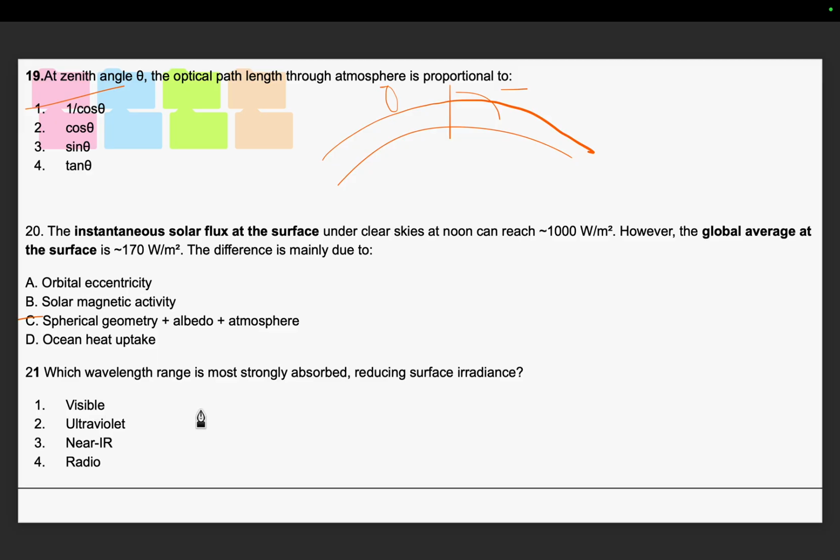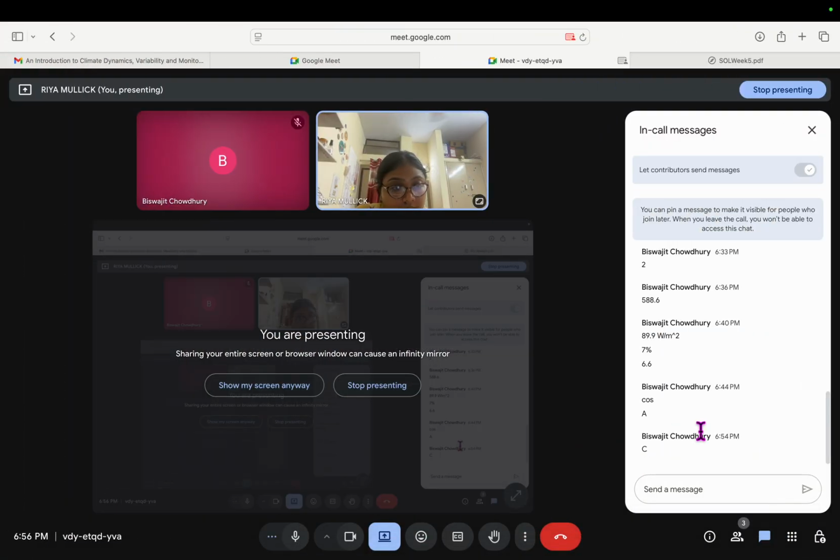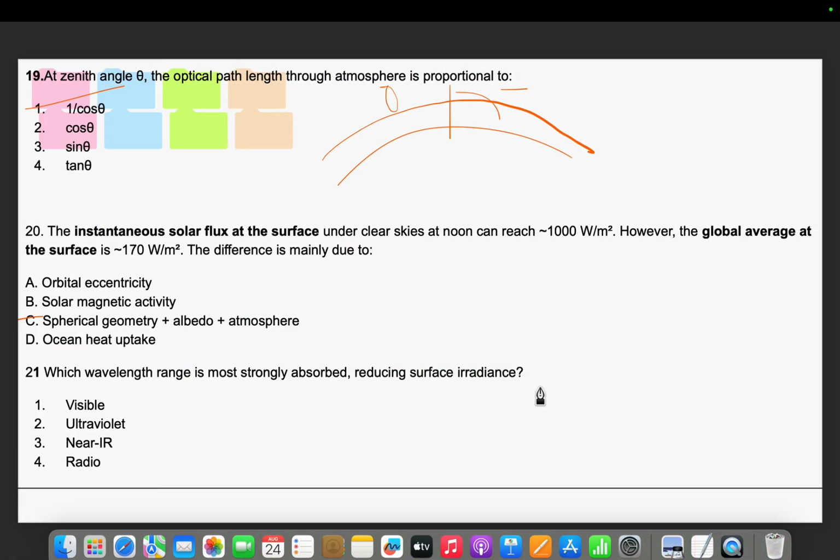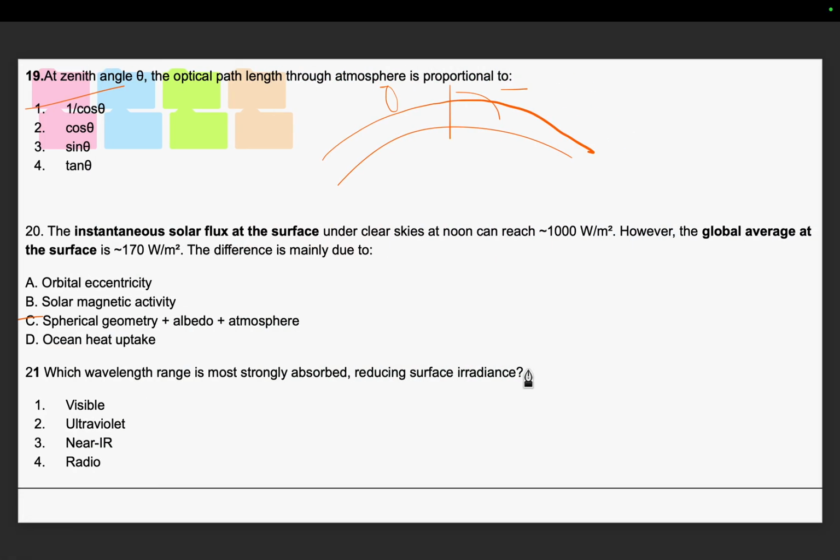Which wavelength is most strongly absorbed, reducing the surface irradiance? Visible, ultraviolet, near infrared, or radio.